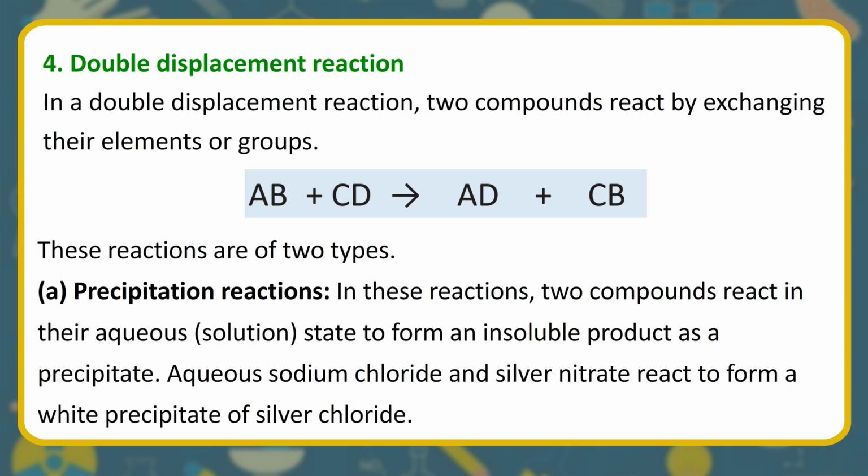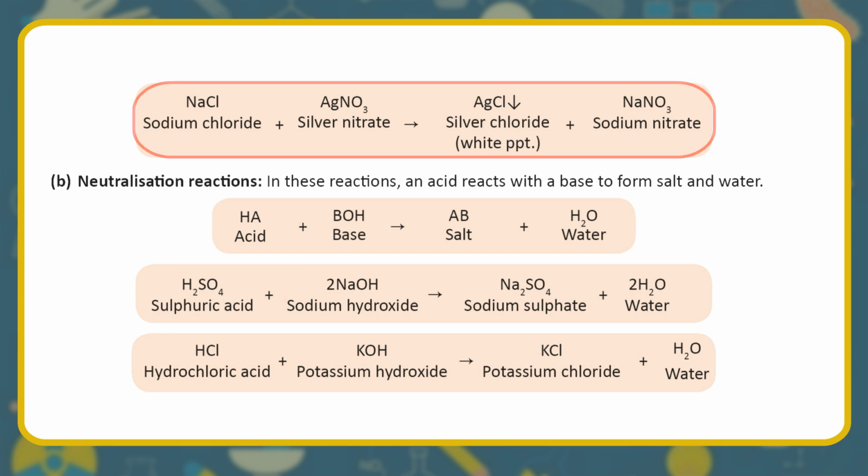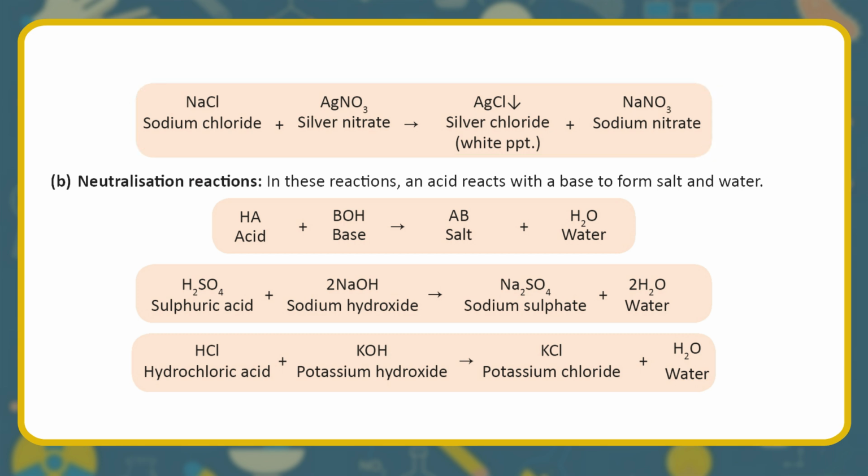Aqueous sodium chloride and silver nitrate react to form a white precipitate of silver chloride. NaCl, sodium chloride, plus AgNO3, silver nitrate, gives AgCl, silver chloride, white precipitate, plus NaNO3, sodium nitrate.